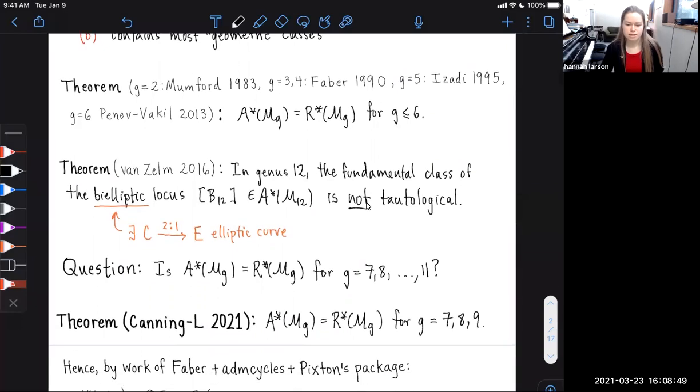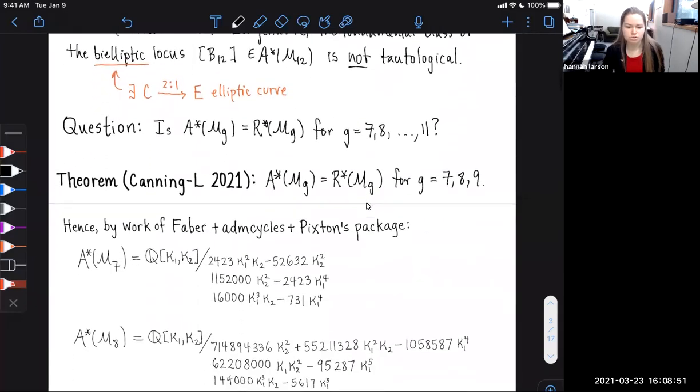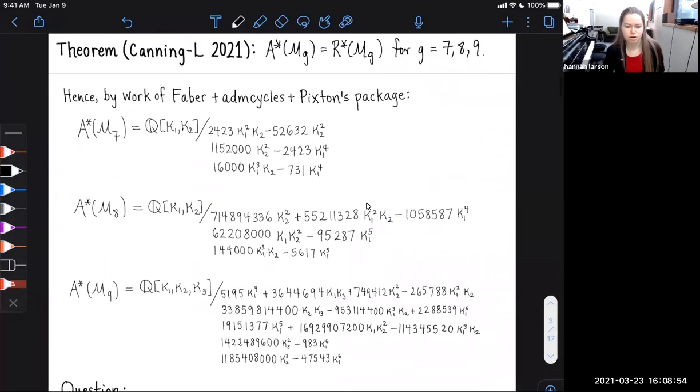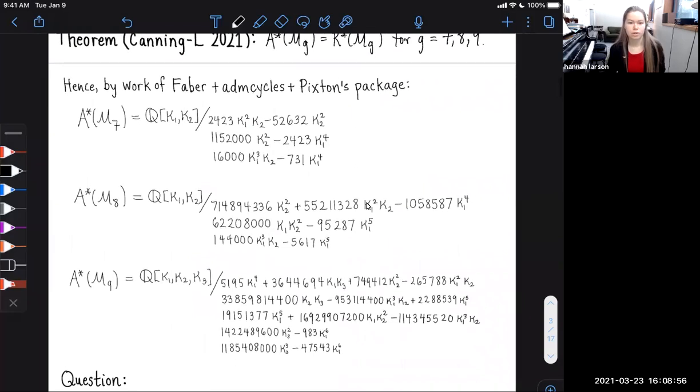In these cases, the tautological ring is actually already known by work of Faber. So Faber's work is implemented in a SAGE package called admcycles. And we also used an extension due to Pixton to compute the Chow rings listed here.